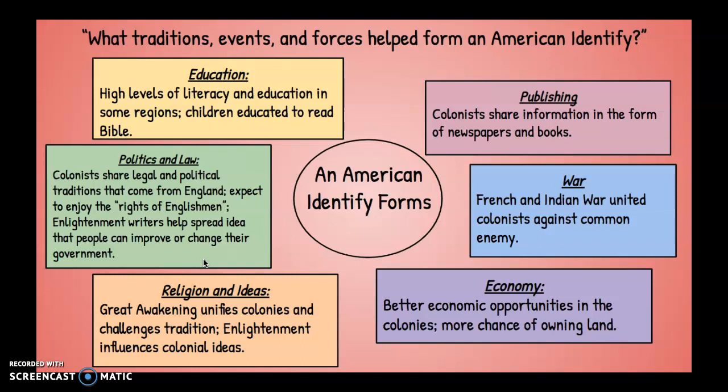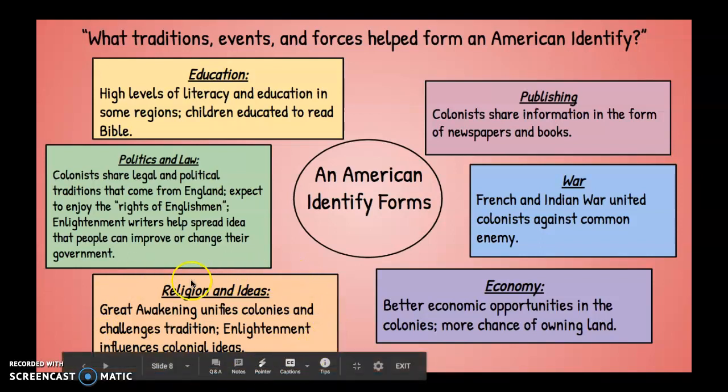It also says Enlightenment writers help spread ideas that people can improve or change their government. This was really inspiring for colonists because they realized, oh my gosh, like if we work together and we have common ideas, we can see some pretty amazing things happen.